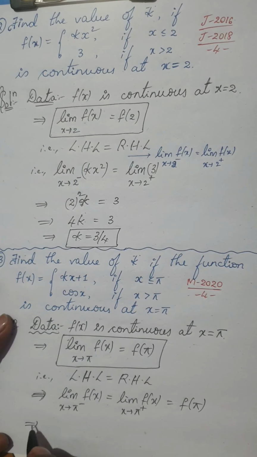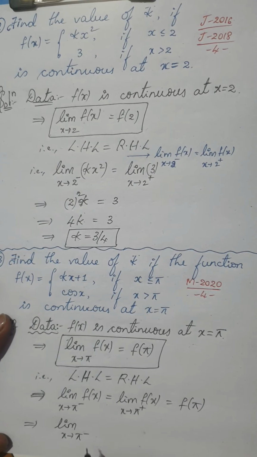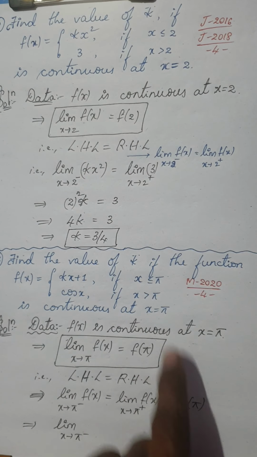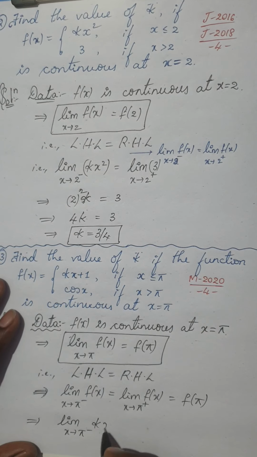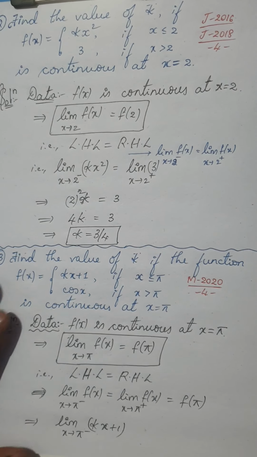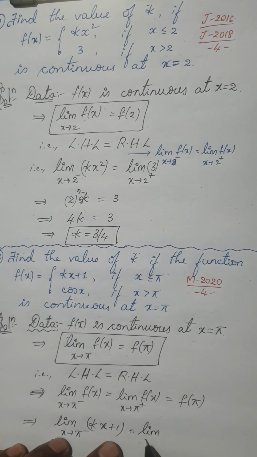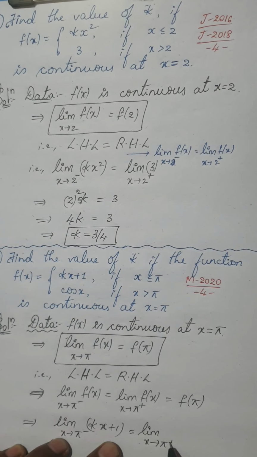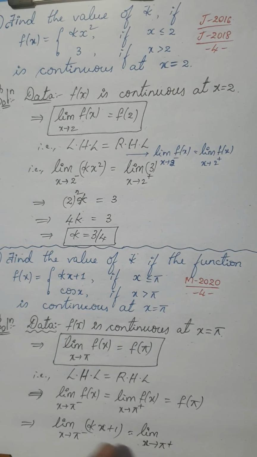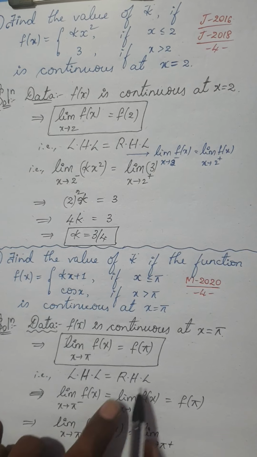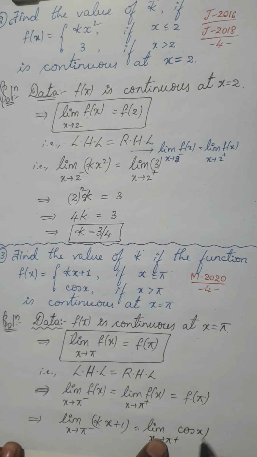This implies, now what is my limit? The limit as x tends to pi from the left hand side, what is the function? For x less than or equal to pi, the function becomes kx plus 1. This is equal to the limit as x tends to pi from the right hand side, that is for x greater than pi, the function becomes cos x.